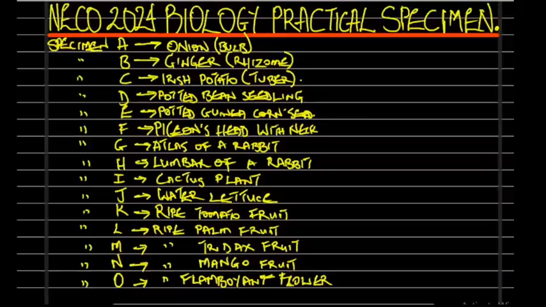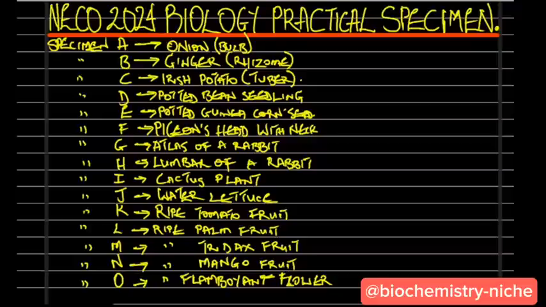Look at the characteristics discussed on all the specimens, starting from specimen A to the last specimen, specimen O. Understand the classification, the classes to which they belong, their botanical names, and everything that needs to be known about them. Go through this video as many times as possible to understand everything.